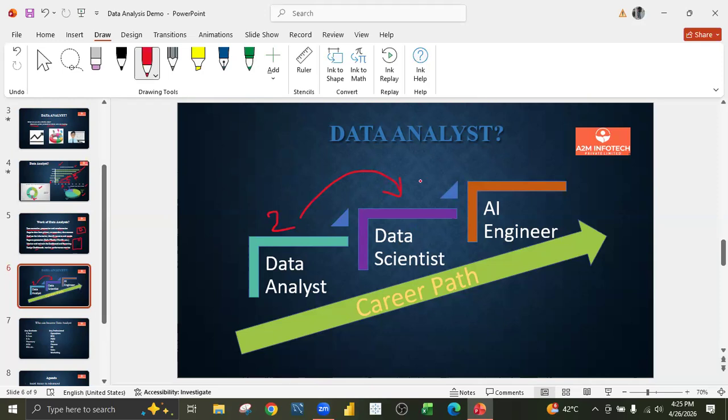And here, if you have 5 years of experience as a data scientist, and then you want to upgrade yourself, now total we have 7 years of experience, 2 + 5, 7, then you can become an AI engineer also. I hope, guys, everyone knows the meaning of AI.